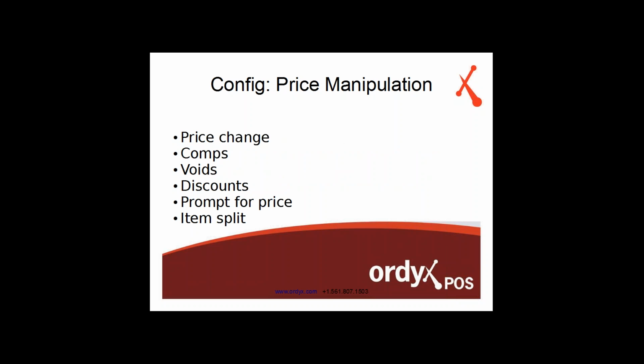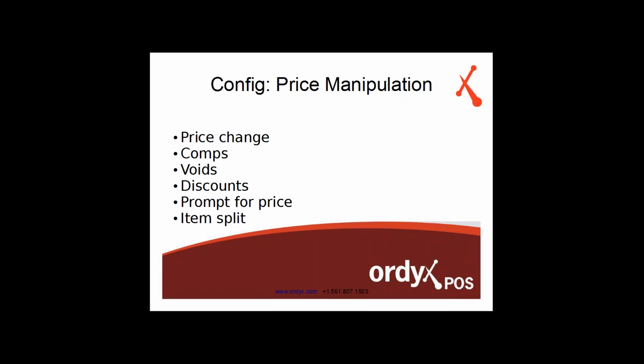The next one, price manipulation. This is more related to what you want the servers or the managers to be able to do. But these are more like permissions for managers, I would say, because in the time that I have been here, I haven't seen a restaurant that has a waiter with permission to change prices or do comps.